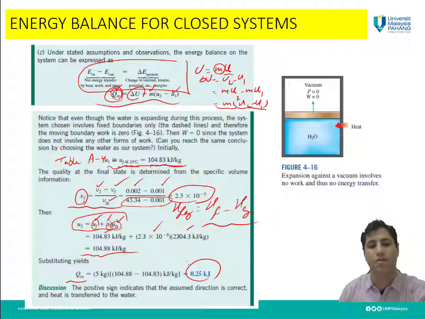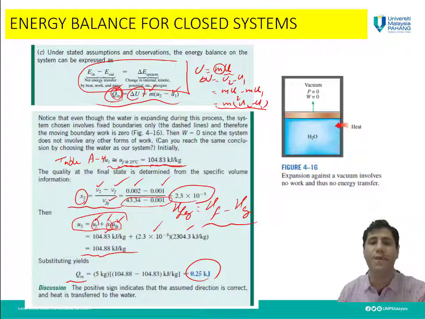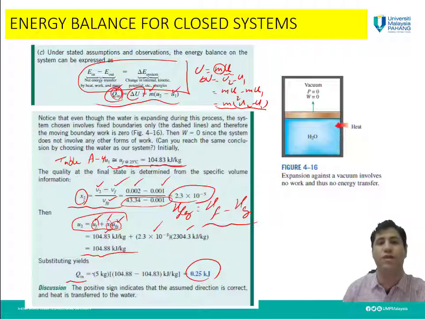So the heat transfer of the system is 0.25 kilojoule. And if you notice here, the sign of the Q in is positive. It means our assumption about the direction of the Q in was correct, and we have Q in to the system. The direction of the transfer is to the system, and the system is a heat gain system actually.